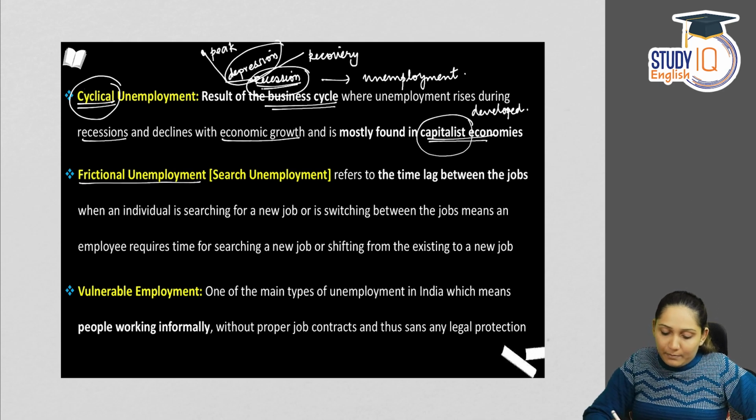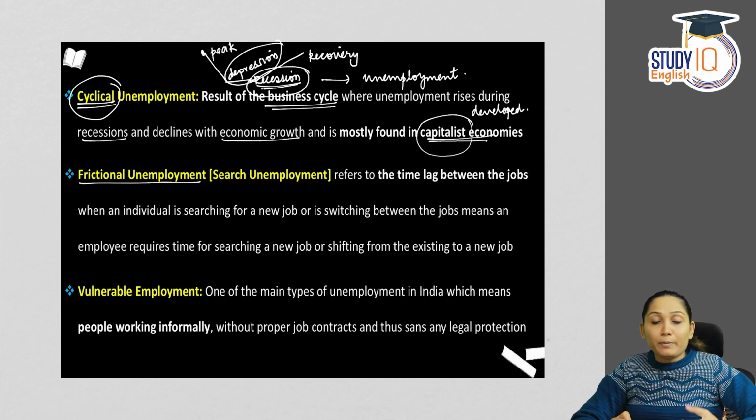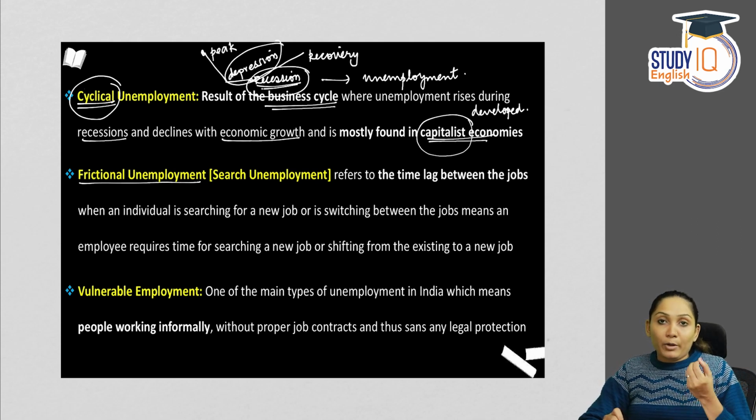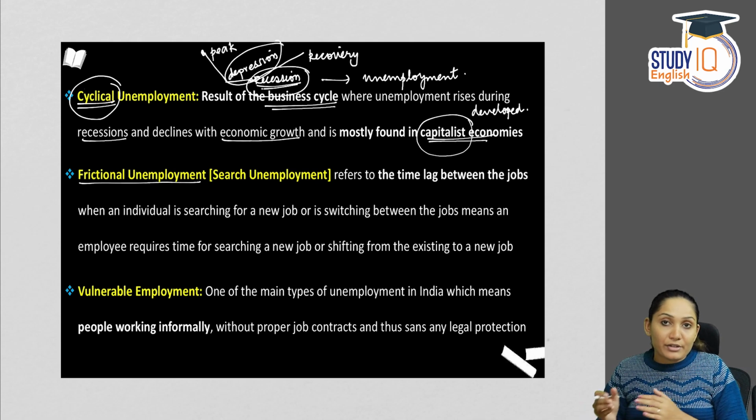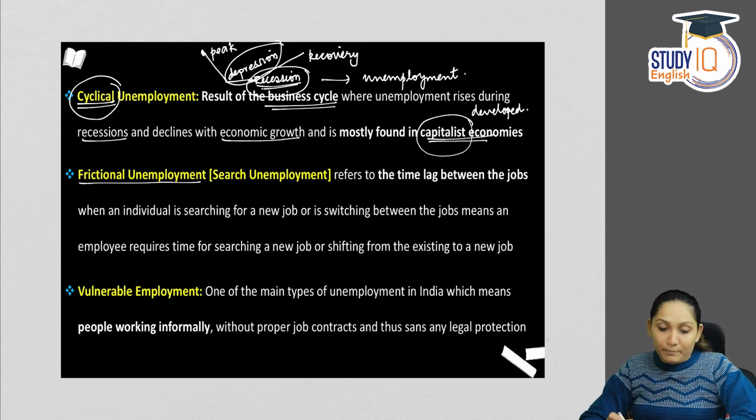Next is frictional unemployment. Frictional unemployment is kind of positive unemployment where people are unemployed for a very short period when people change or switch between jobs or look for a better opportunity. Maybe they go for a higher education or they shift their jobs to find a better one. That is frictional unemployment, which is also called as search unemployment.